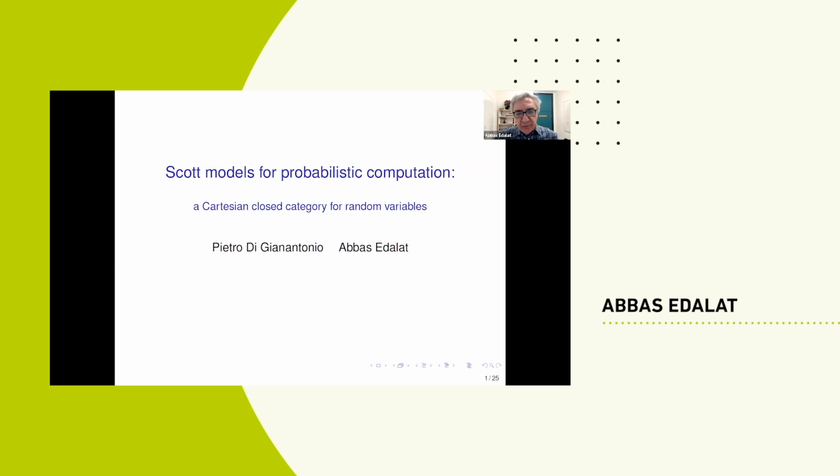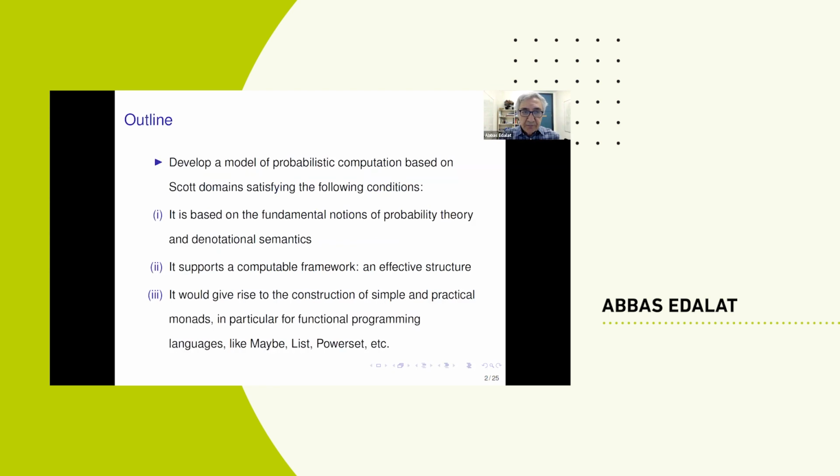In this talk, we are giving a solution to a long-standing open problem in semantics, denotational semantics of programming languages, namely to develop a Scott model for probabilistic computation. This has been an open problem since the 1980s, and I will explain more about this later on. So the outline of the seminar is as follows.